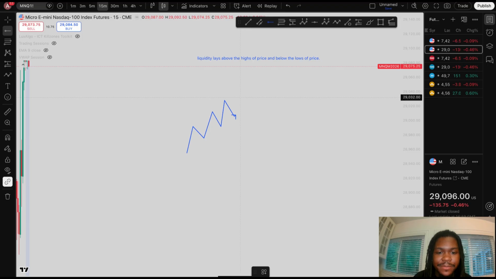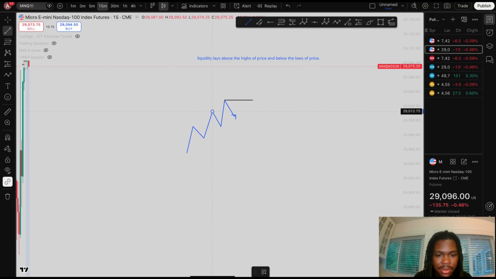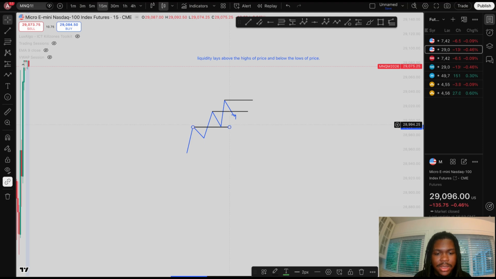So liquidity is gonna rest above this high. It's liquidity above each one of these highs, actually. These are all areas of liquidity. That's why when price goes and takes these highs out, it retraces. Every time it takes these highs out, it retraces, because it's filling orders that rest above these highs.